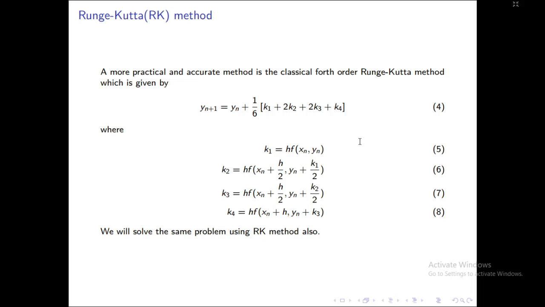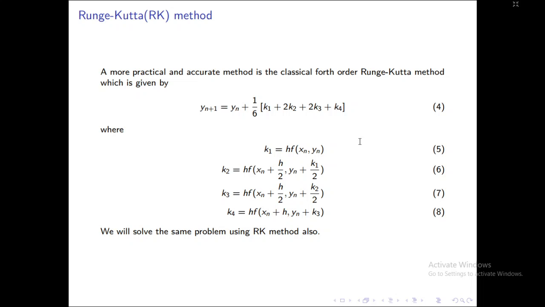The method is like this. The value of y n plus 1 is y n plus 1 by 6 into k1 plus 2 into k2 plus 2 into k3 plus k4, where k1, k2, k3 and k4 are given by: k1 is equal to h into f of x n and y n, and k2 is equal to h into f of x n plus h by 2, y n plus k1 by 2.